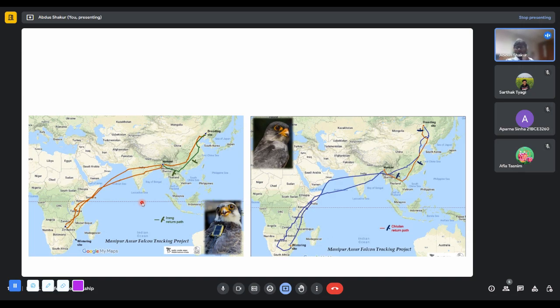So yeah, those are some of the examples. After this tracking project and after involving the local communities, things are better now, and it's more like a festival whenever these birds migrate to or through those regions.